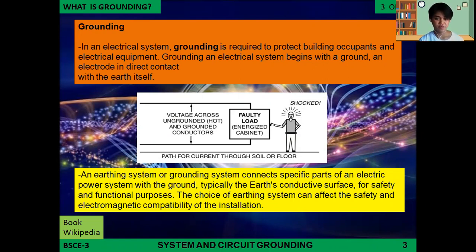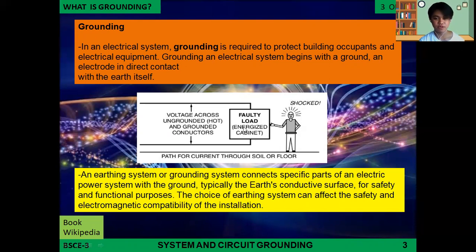An earthing system or grounding system connects specific parts of an electric power system with the ground, typically the Earth's conductive surface, for safety and functional purposes. The choice of earthing system can affect the safety and electromagnetic compatibility of the installation.